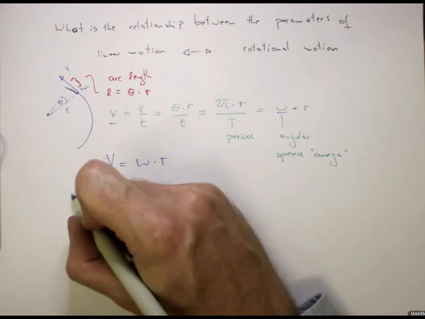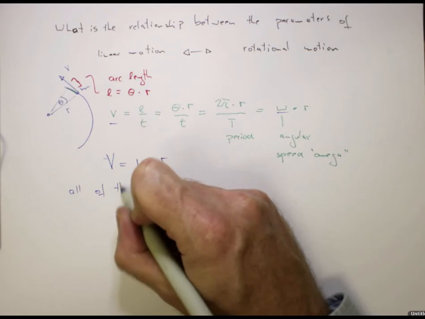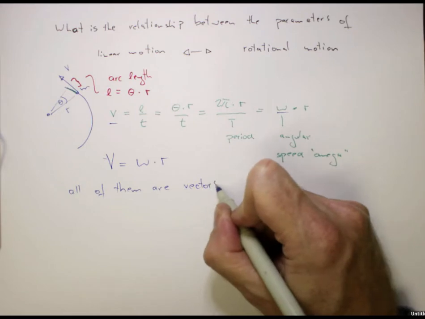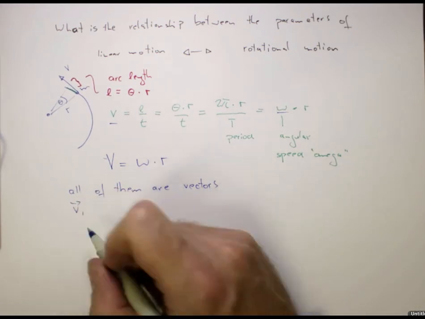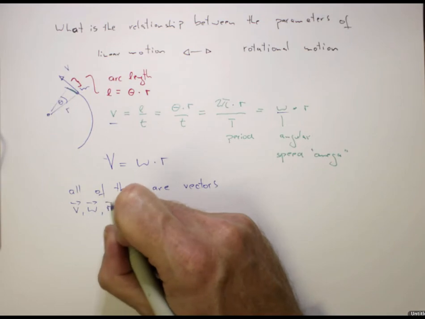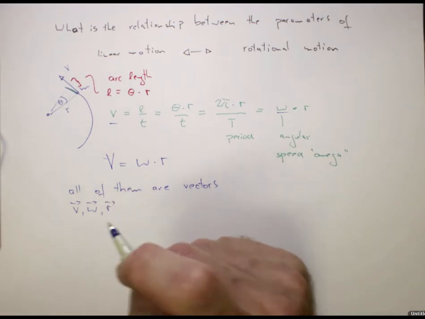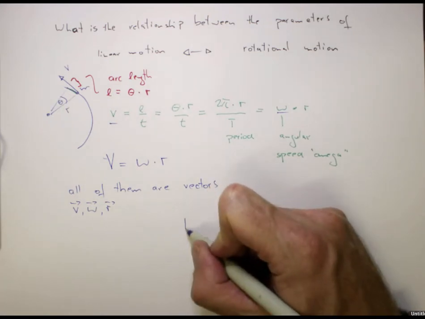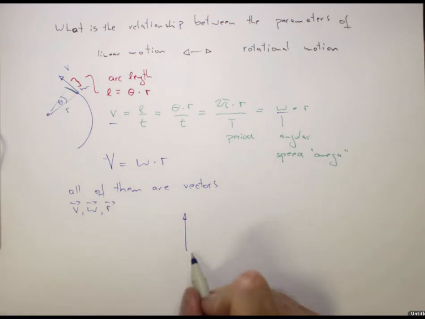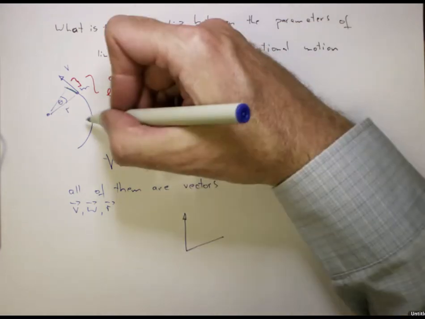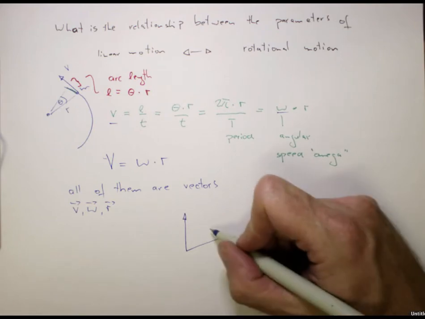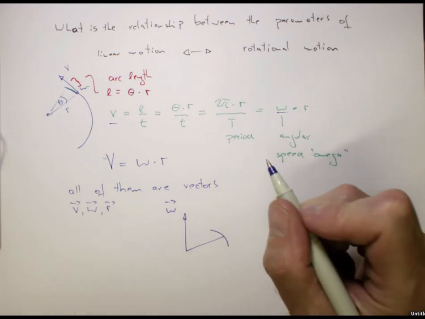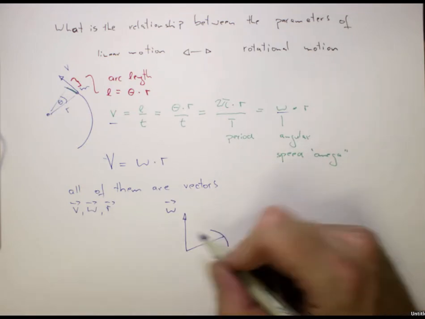Now, all those parameters are vectors and not scalars. v is a vector, omega is a vector, and r is a vector. How do we consider that? Well, we need to consider the directions for the type of motion, anti-clockwise, that I've drawn there. We have the situation that omega points upward from the plane of motion.